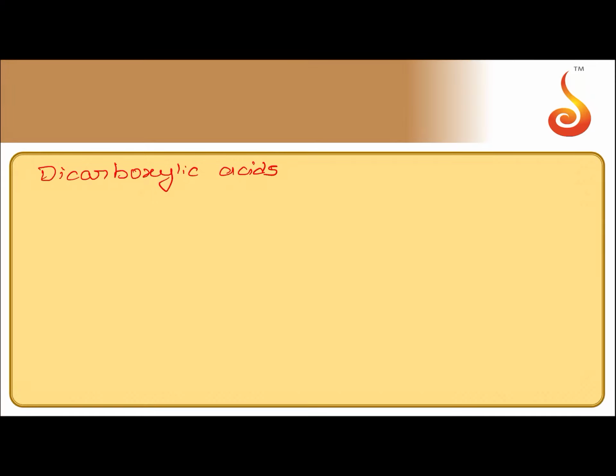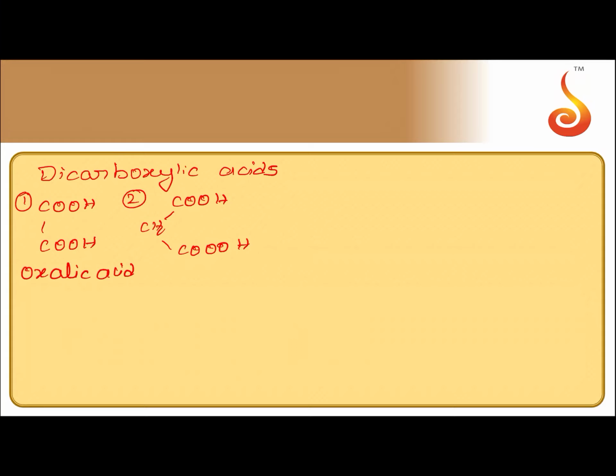Dicarboxylic acids. Most of the aliphatic dicarboxylic acids are known by their common names. For example, COOH, COOH. The common name of this compound is oxalic acid. Now, COOH, CH2, COOH. This is the second compound; the common name is malonic acid.